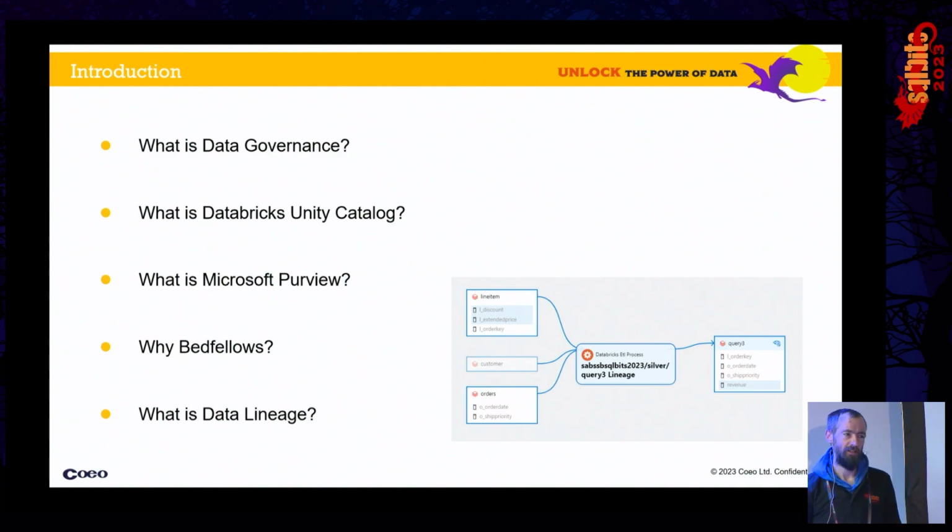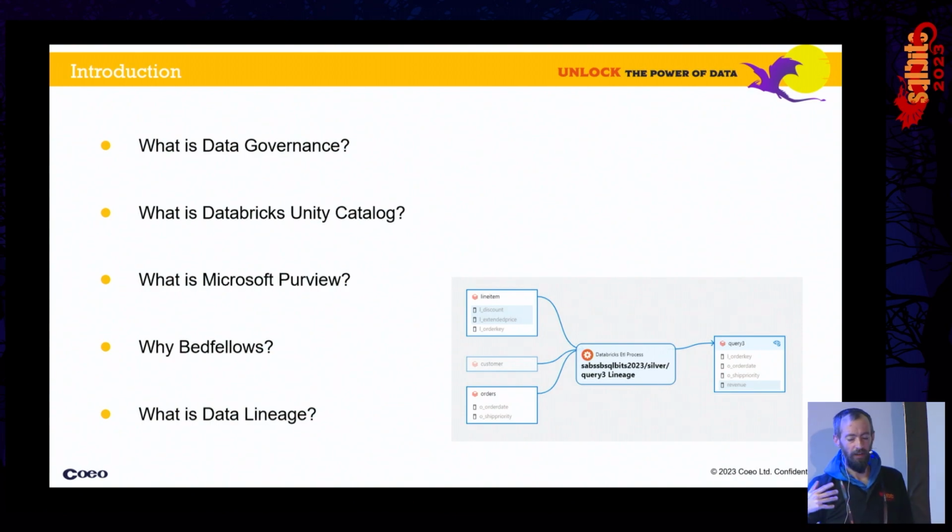I'm still getting used to saying data lakehouse. What Databricks have given us within Unity Catalog is the access control and the data lineage. I'm going to talk about that in a sec. Now, that's brilliant, but that's just Databricks specific.